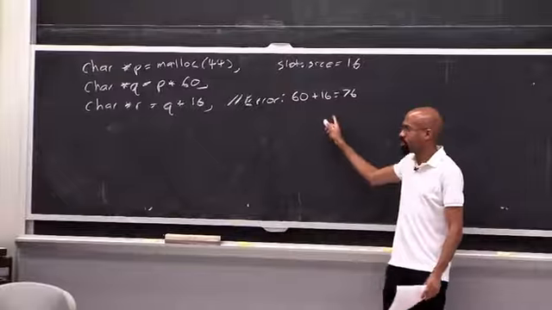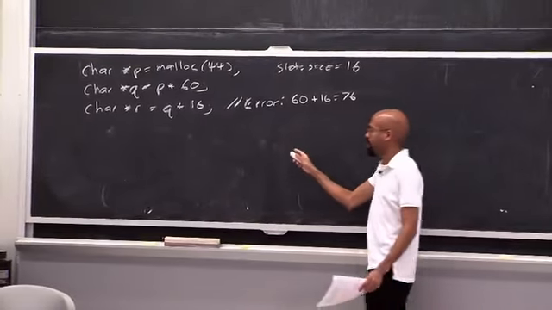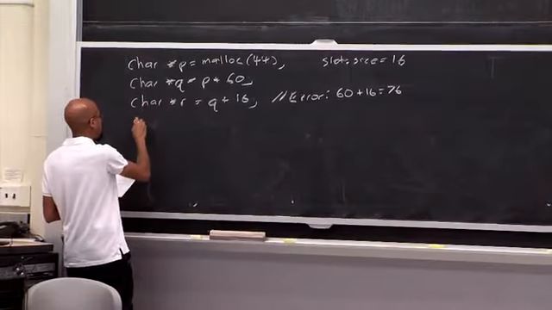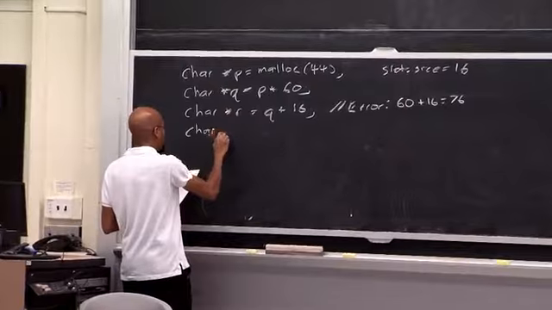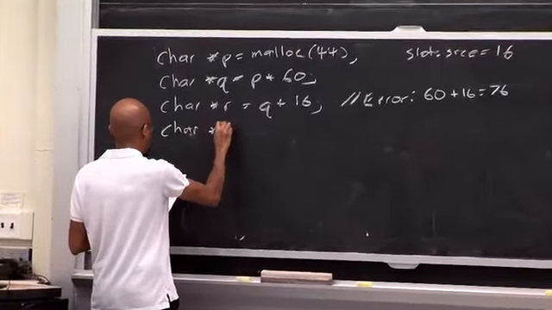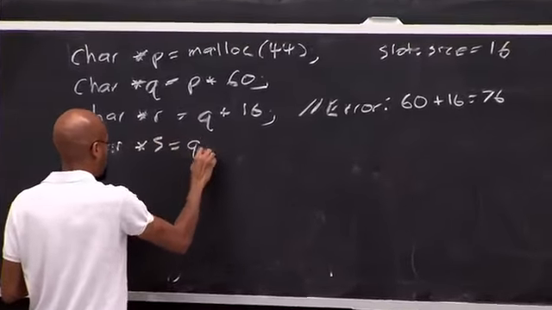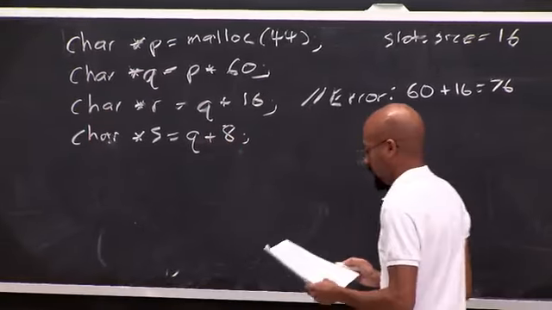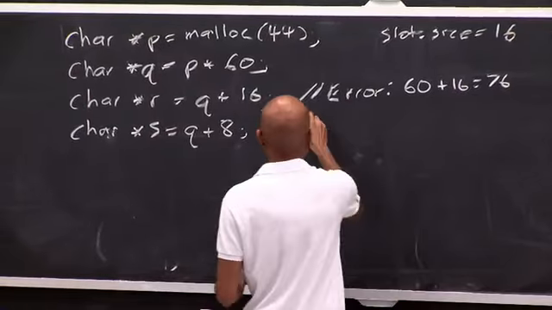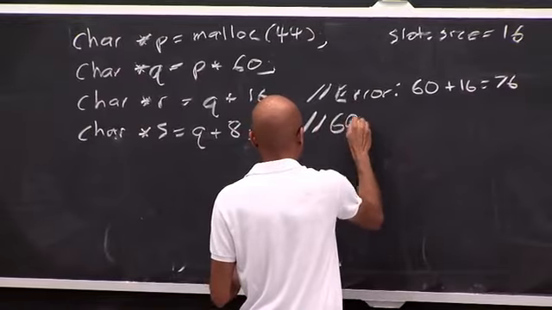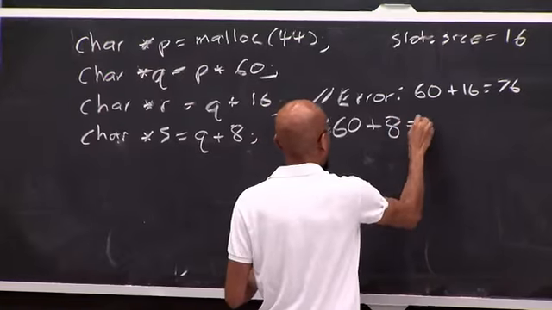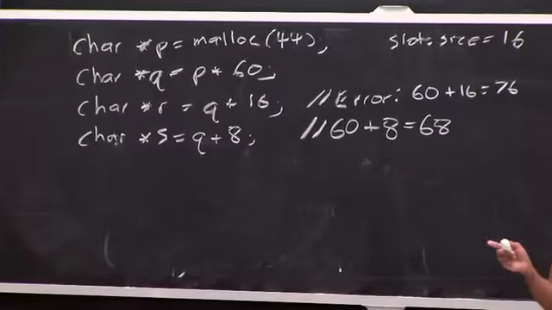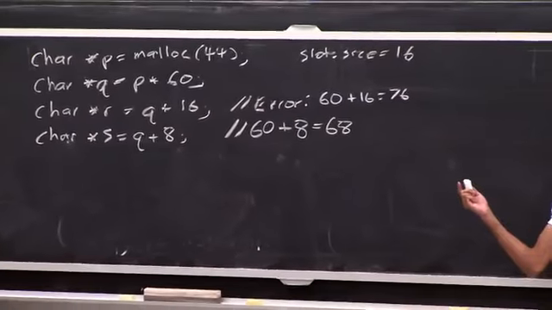Now, let's imagine that we didn't have this line of code in the program. So we had these two, but we don't have this one. What if, instead of doing this line, we did something that looks like this? We declare another pointer, let's call it S, and we set it equal to Q plus 8. In this case, the pointer is going to be at 60 plus 8, which equals 68 bytes away from P. So this is only 4 bytes beyond that baggy bound.